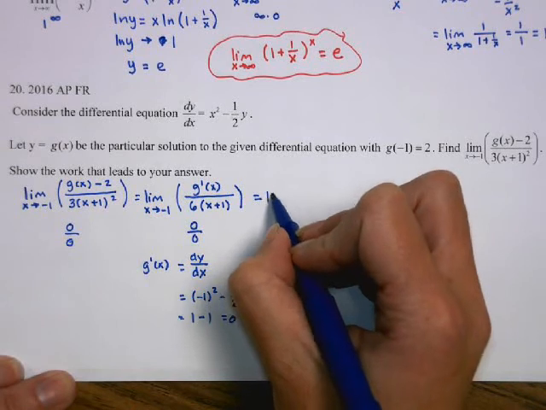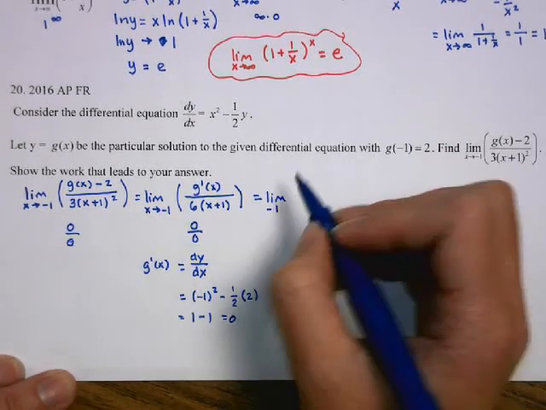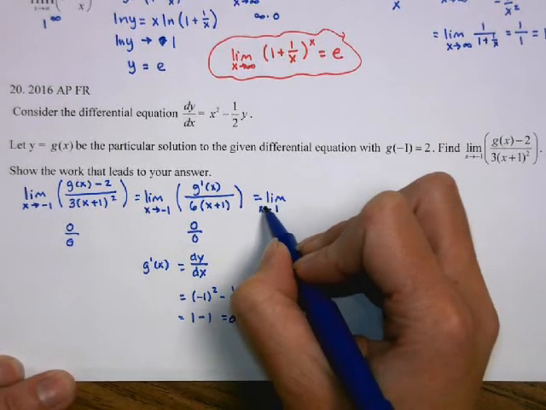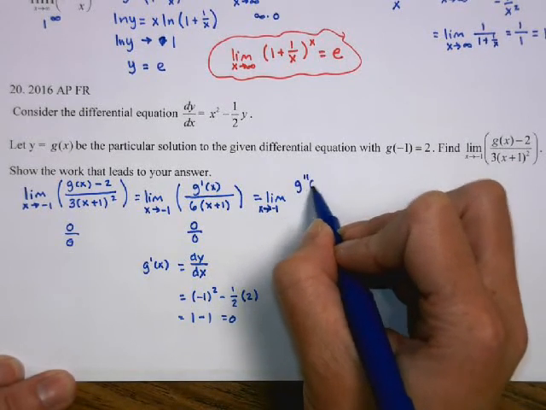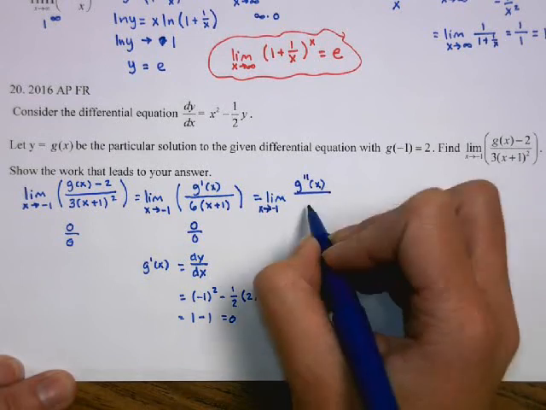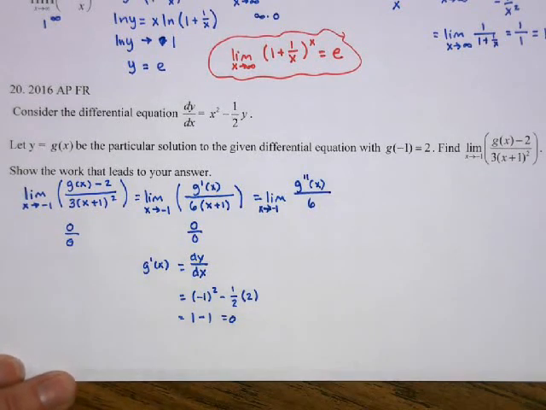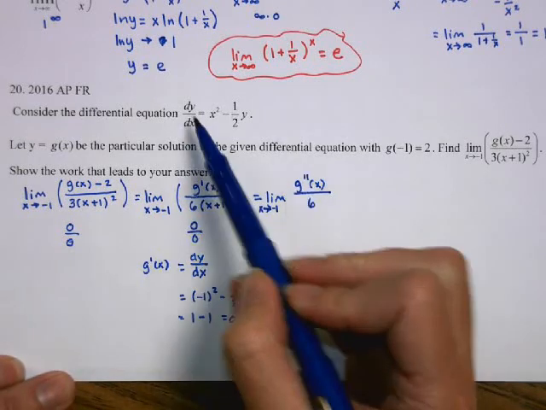We can use L'Hopital's rule again. Now we have, as x goes to -1, g double prime of x over 6. This is not going to be 0 over 0, so now we need to find the value of the second derivative at the point -1, 2.